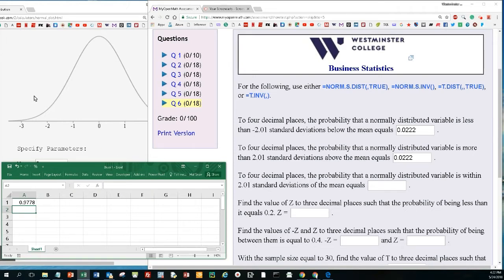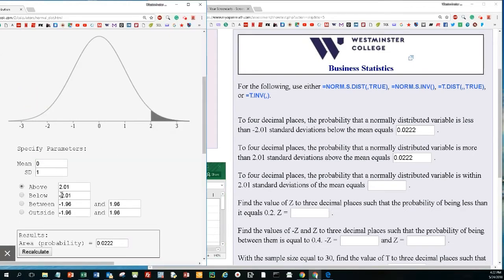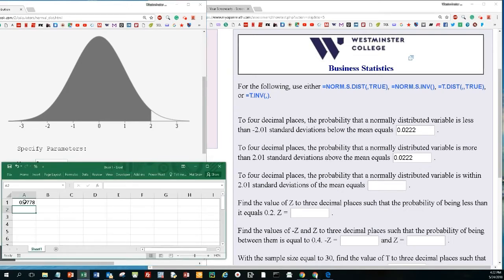Let's go back to our diagram here. So what's going on here is that Excel is calculating the cumulative probability. So on the number line is 2.01. This gray area is 0.9778. And that's exactly what Excel gives you, 0.9778.